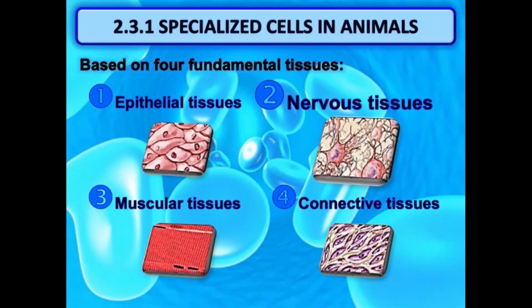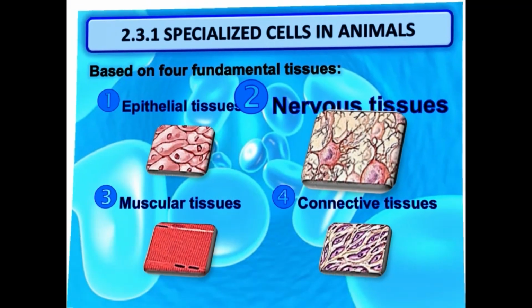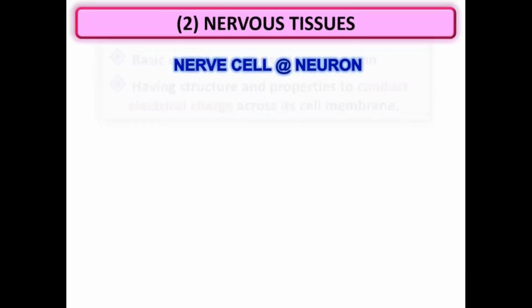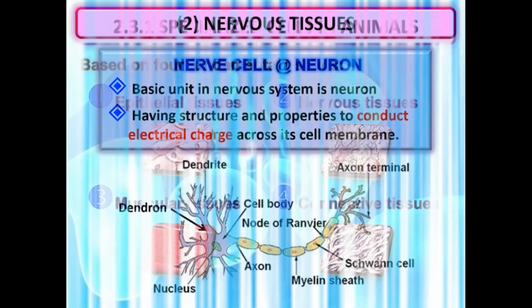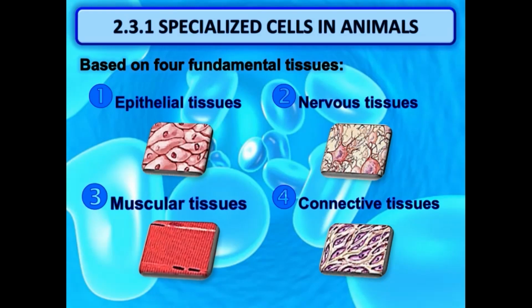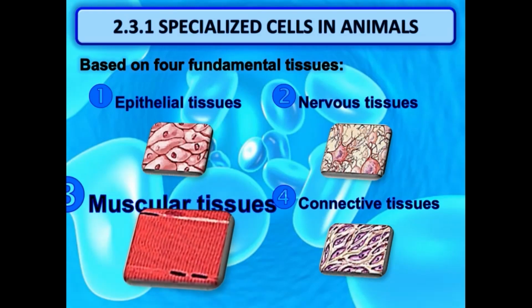Number 2, nervous tissues. Nerve cell or neuron can conduct electrical charge. Number 3, muscular tissues.